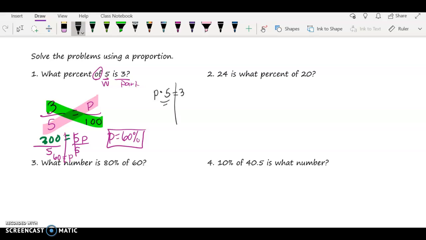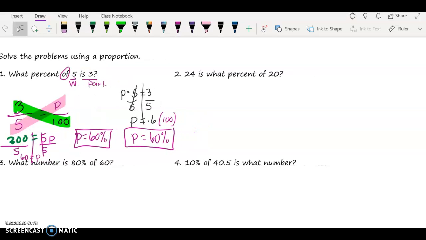I'm going to divide by 5 on both sides to get p by itself. And 3 divided by 5 is 0.6. And then remember, whenever we are searching for a percent, we have to multiply by 100. And I get p equals 60%. So we get the same answer no matter what.